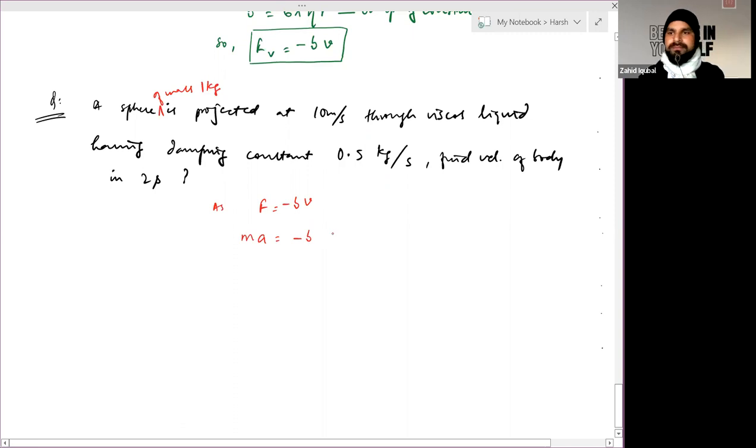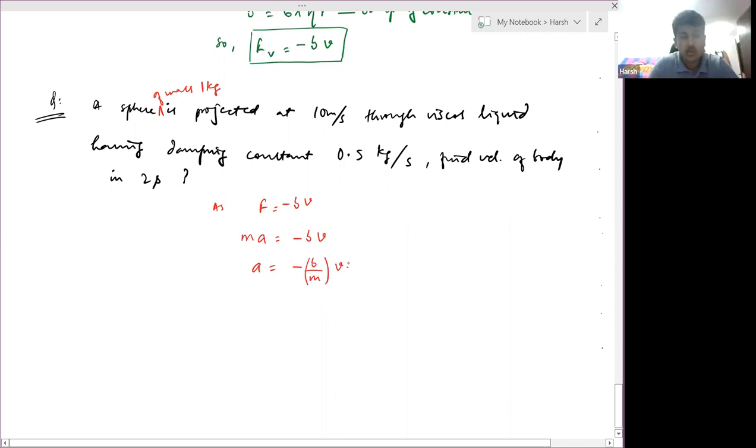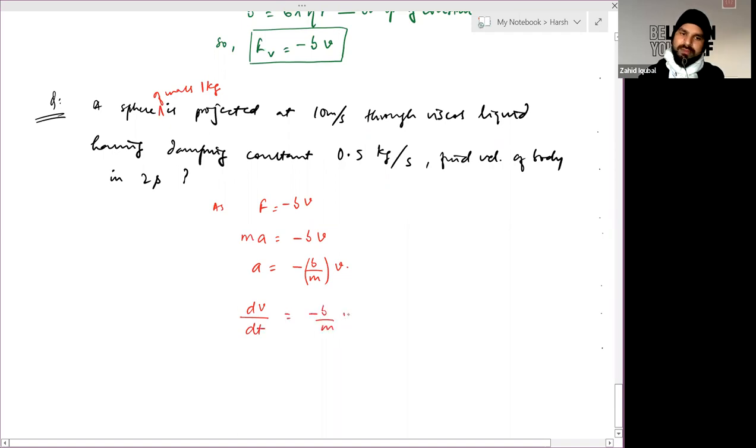So acceleration will be equal to minus B divided by M times V. This acceleration can also be written as dV over dt equals minus B by M times V. Is it clear?